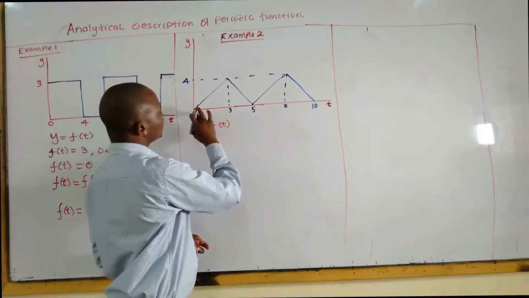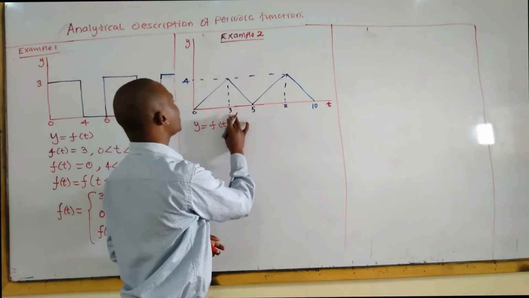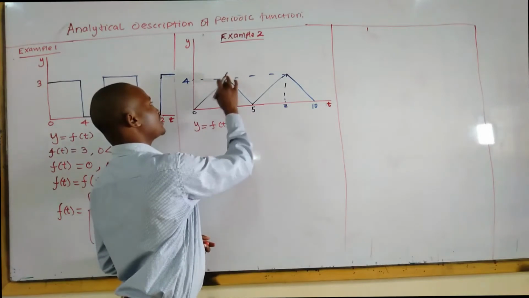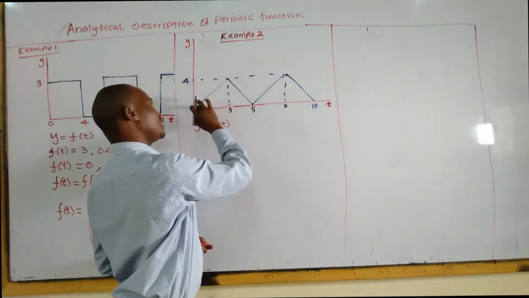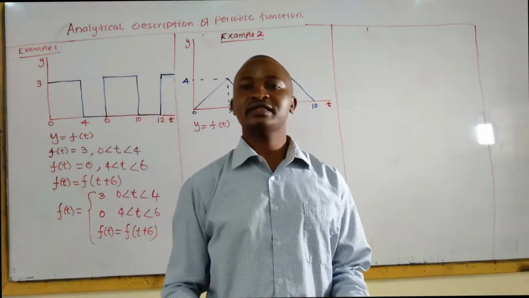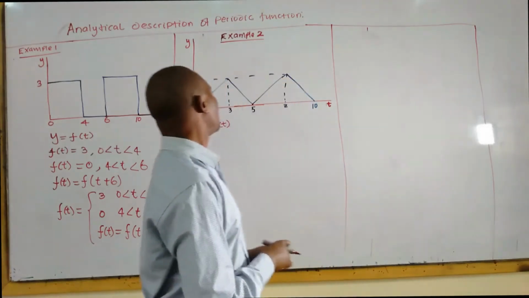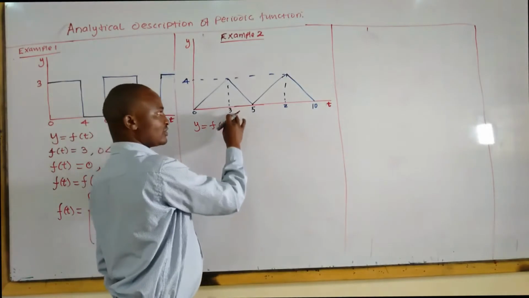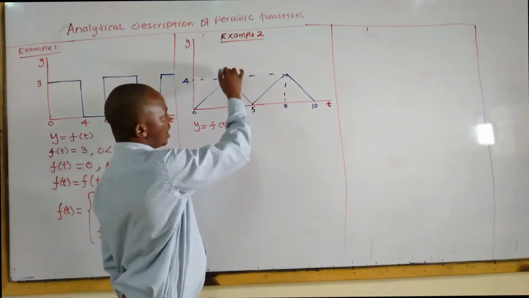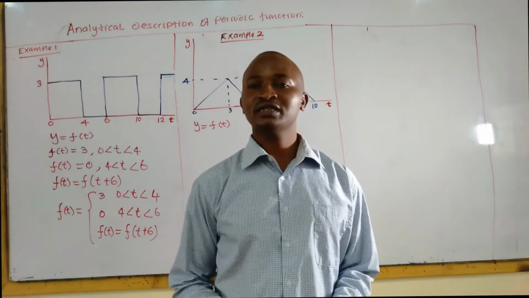If you look between time is equal to 0 and 3, our curve starts from 0 and it rises up to 4. This is a linear curve, a straight line, so we need to get its equation. Between t is equal to 3 and t is equal to 5, our curve is also straight, and therefore you also need to get its equation.